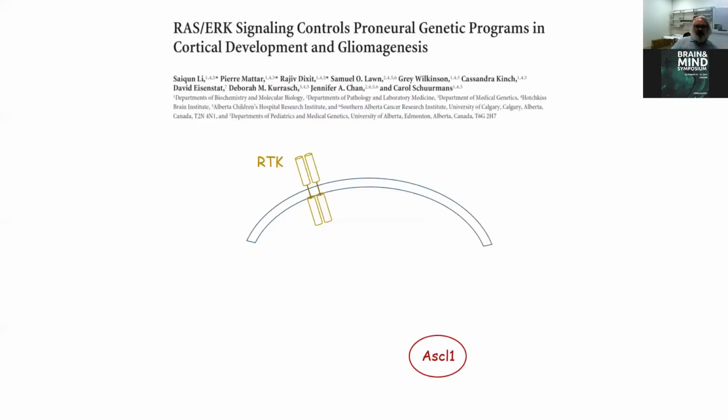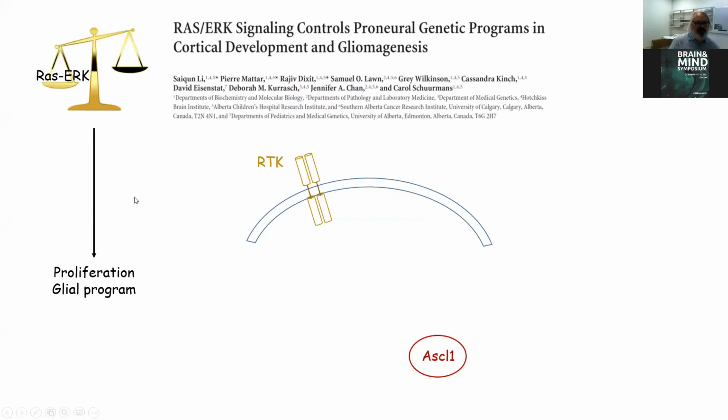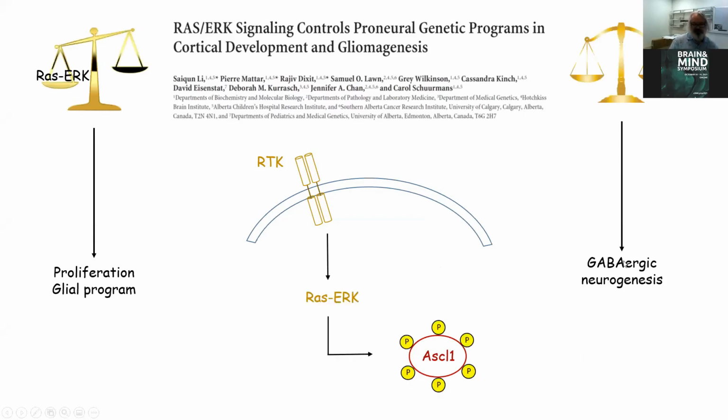Now, we knew from work from Carol Schuurmans, mostly on ASCL1, but also Anna Philpott on neurogenin 2, that these proneural genes are regulated by phosphorylation. And phosphorylation actually promotes a glial program, while a less phosphorylated state is leading to neurogenesis.